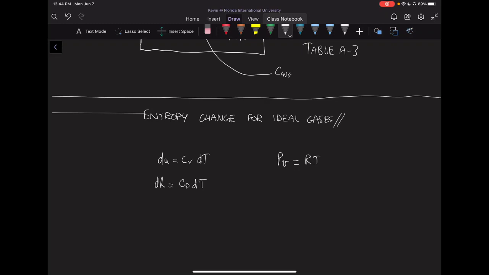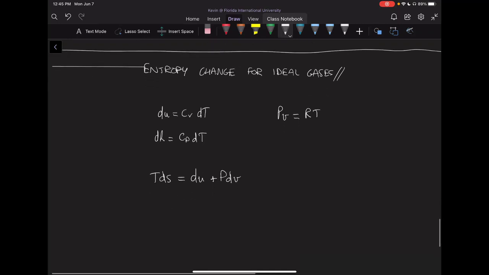And now if we start with our TDS relations, for the first TDS equation, we have TDS is equal to du plus P dV. And we can now adjust this equation by substituting for du, and we're also going to substitute for pressure.